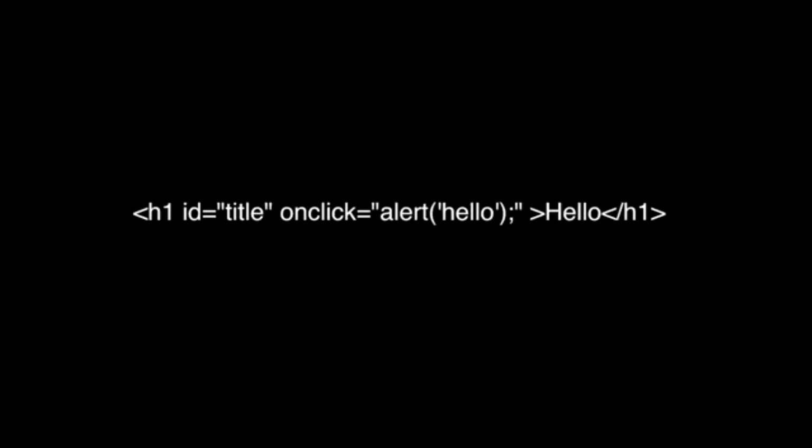So how can we go about making that change? Actually, JavaScript has some really nice features for enabling us to do that. So let's just remind ourselves again. We've got our on-click event, which has got an associated function.